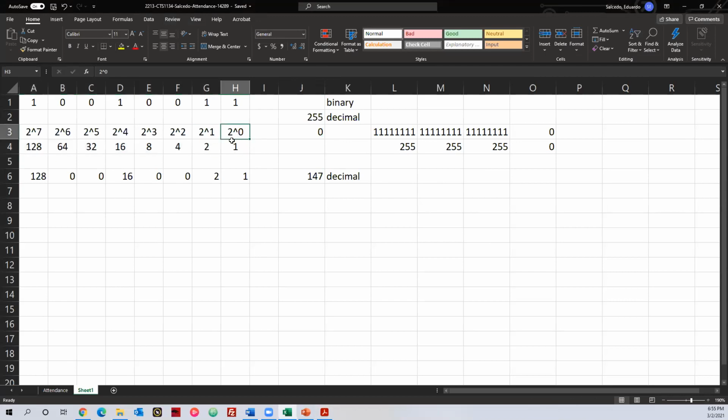It's part of the binary, no? Well, the binary is composed of zeros and ones, and I wonder why the 0 is not mentioned. So you have to start with 2 to the power of 0. That's the answer.